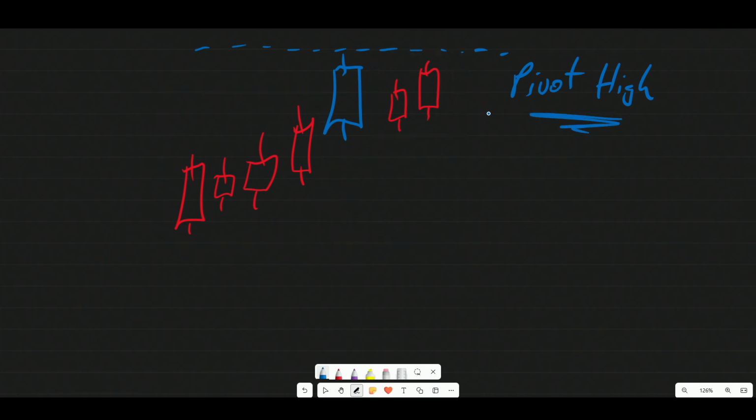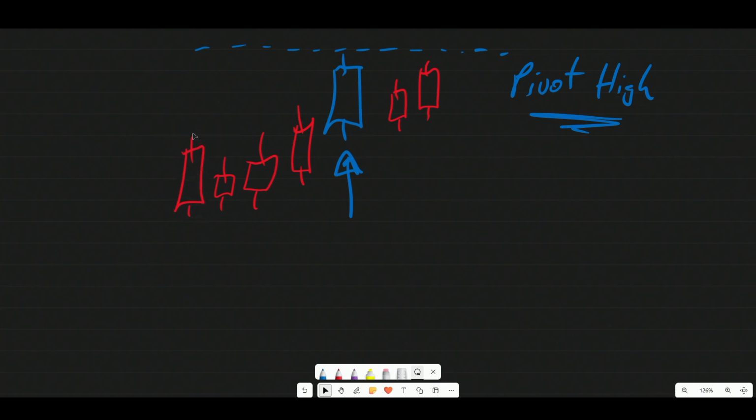Now, this interpretation is open because you can use the close higher than the previous closes. Also, you might require that each high is higher than the previous high. In our case, in this pattern, we're only looking for the center bar, this guy, to be higher than the bars on the left and the bars on the right.